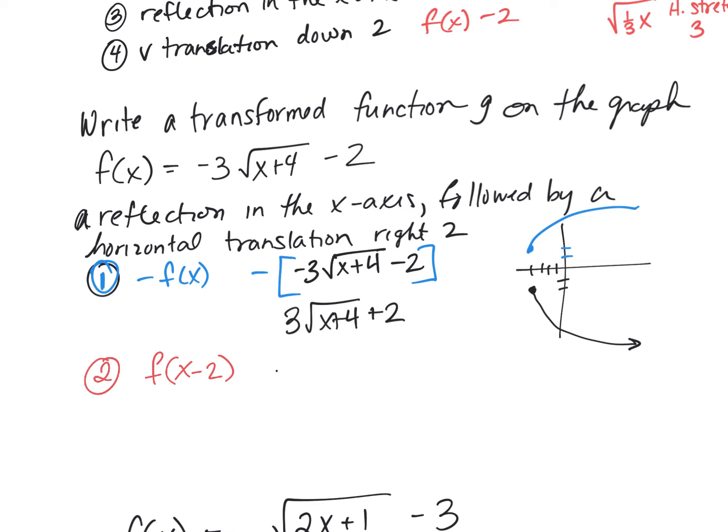All right, so that's 3 square root of x minus 2 plus 4 plus 2. So that's 3 square root of x plus 2 plus 2. And that would move the graph over to here.